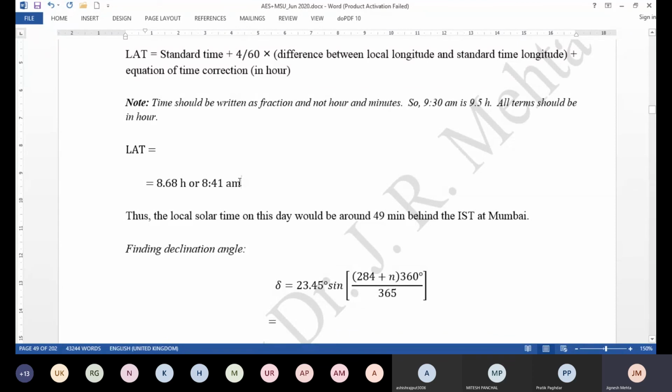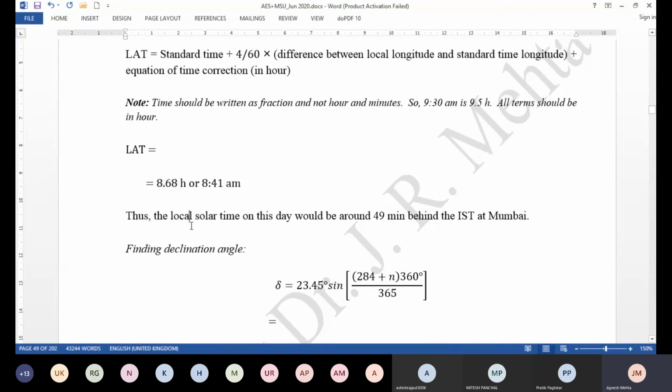So this is how you get the local apparent time, and once you get the local apparent time, you can get the hour angle, right? What will be the hour angle here? It will be 12 minus 8.68, into 15 degrees.